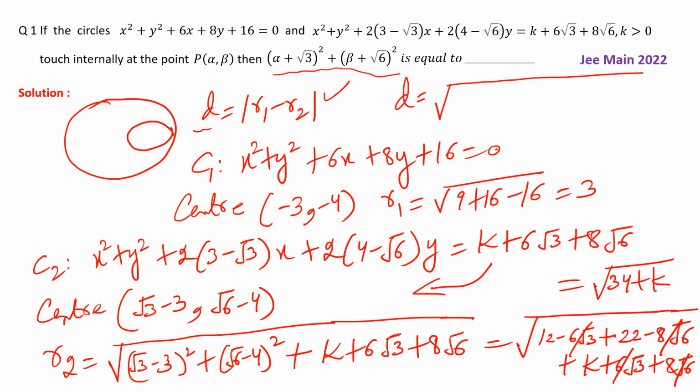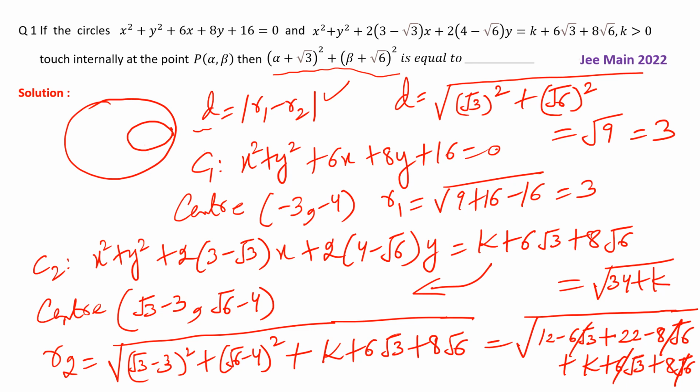So root 3 minus 3 plus 3 whole square comes as root 3 square, and similarly we get root 6 minus 4 plus 4 whole square, that means root 6 whole square. So this is nothing but square root of 9, which is just 3. Right? Now we have all the data that we require.